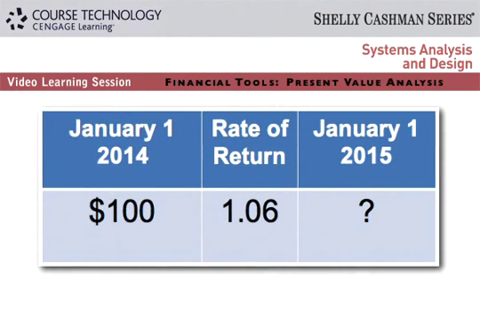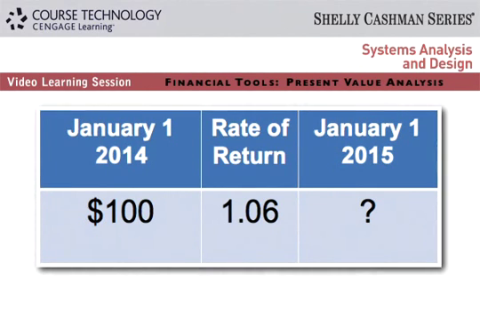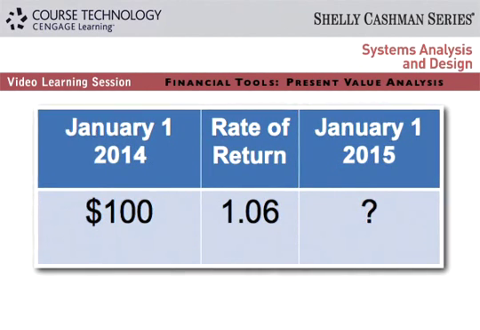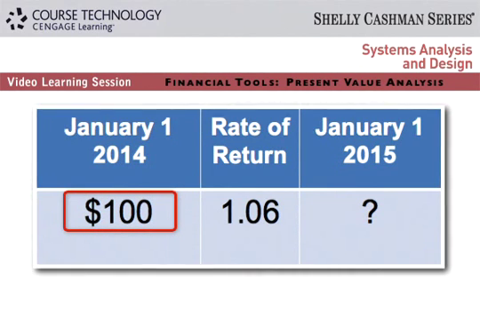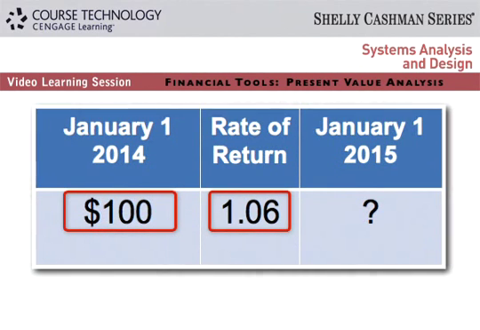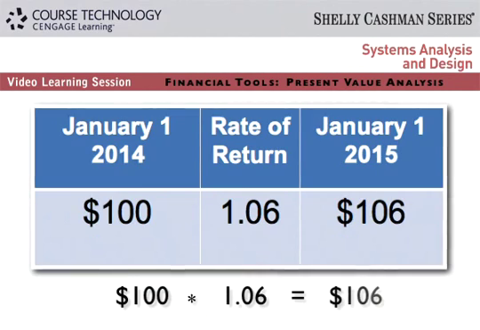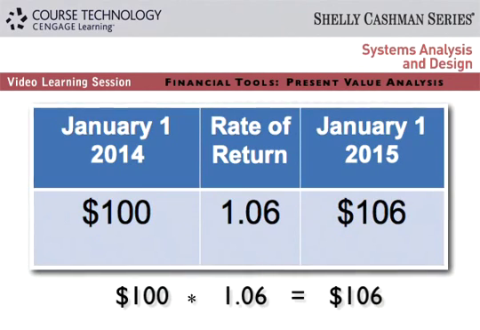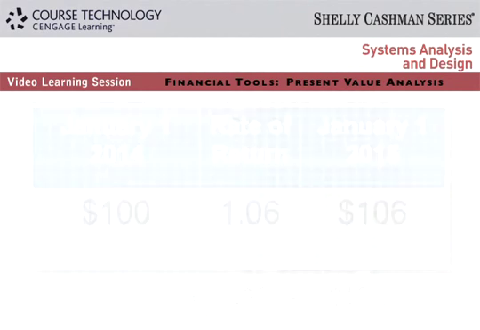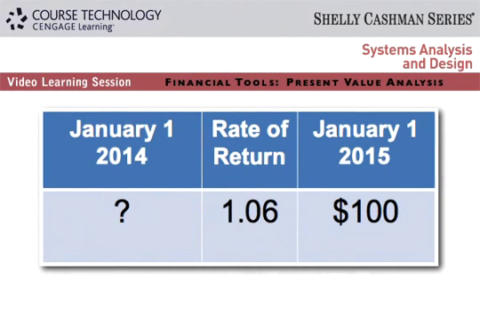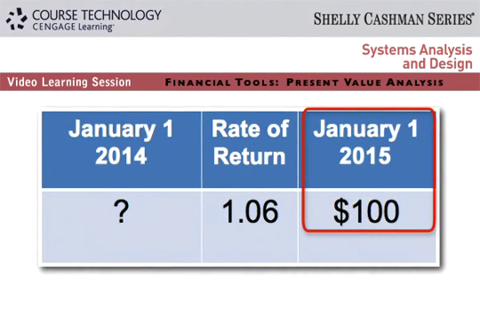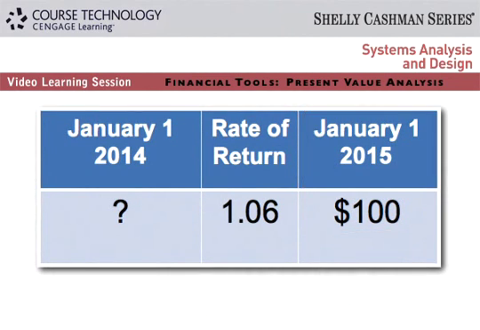Let's use an example of getting $100 on January 1st and investing it for a year at 6%. To calculate the value, we multiply 100 times 1.06 to get $106. Now let's go the other way. Suppose we know we are getting $100 a year from now, and we want to know how much that is worth in today's dollars.